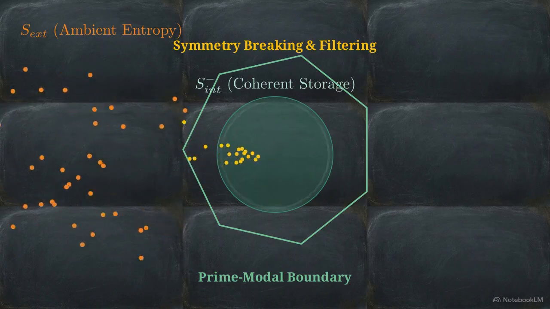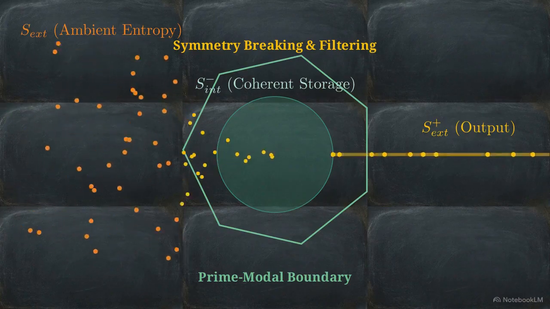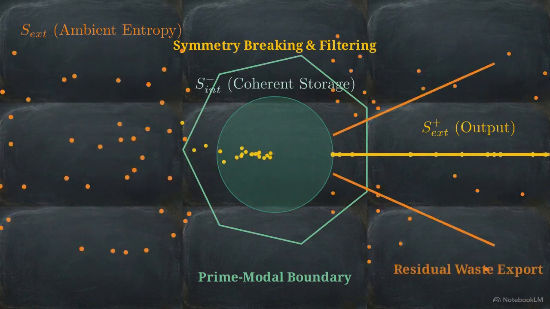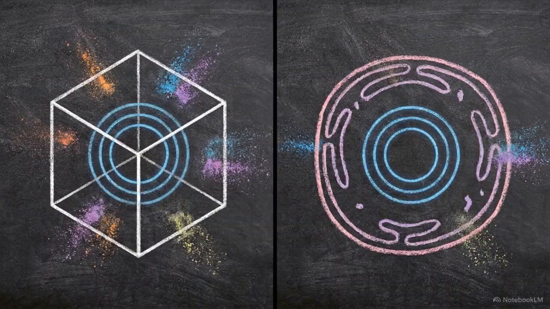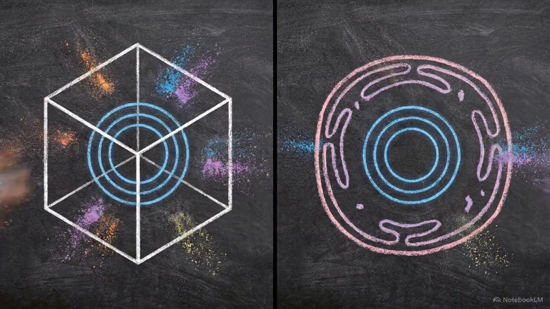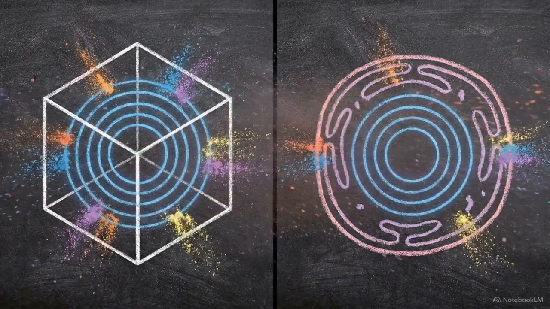To complete the cycle, the system transduces this coherence into useful output, while the residual waste entropy is safely exported back out into the environment. This cyclical flow of entropy reduction perfectly mirrors the thermodynamic loop of a living biological observer, executed entirely through mechanical geometry.